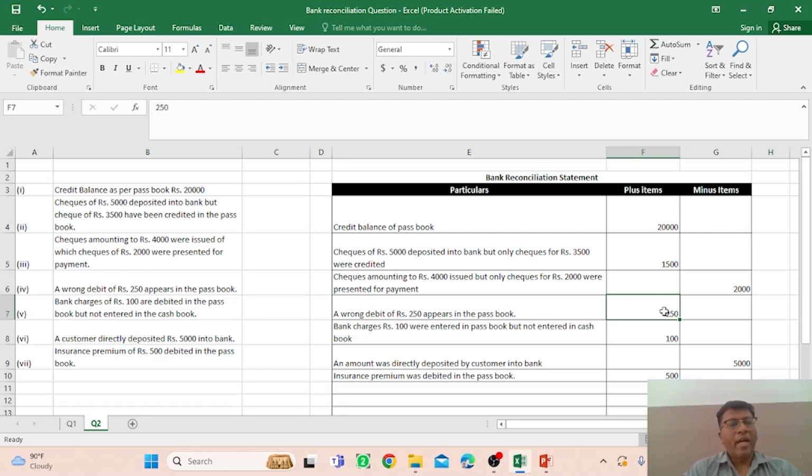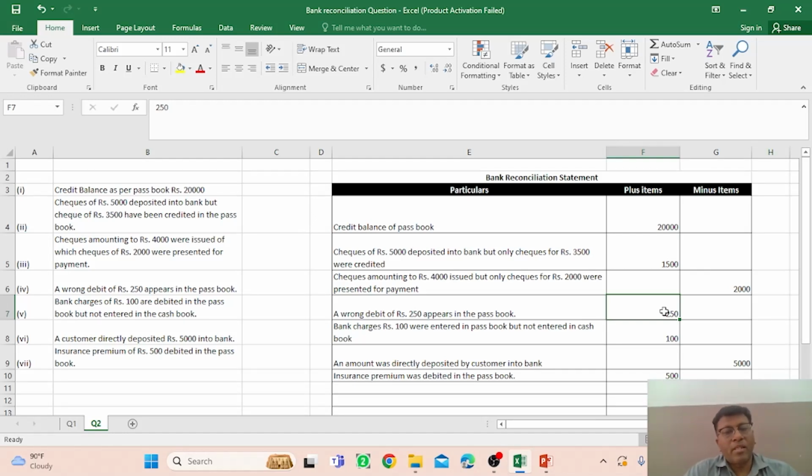And bank charges of rupees 100 are debited in the passbook but not entered in the cash book. Again, the bank is debiting your passbook, reducing the balance, but there is more balance in the cash book because there is no impact, so you have to write it in the plus item.